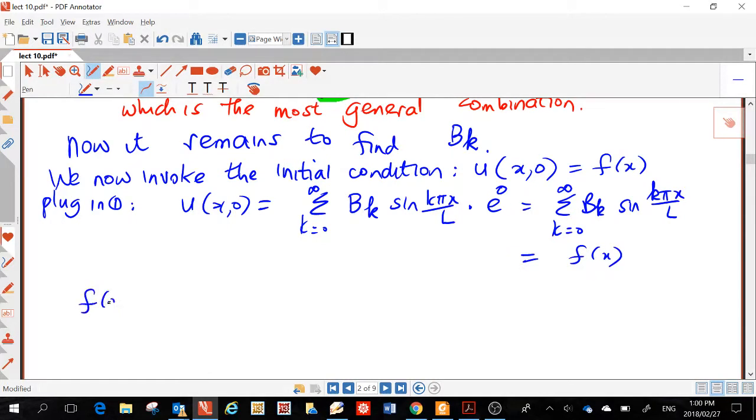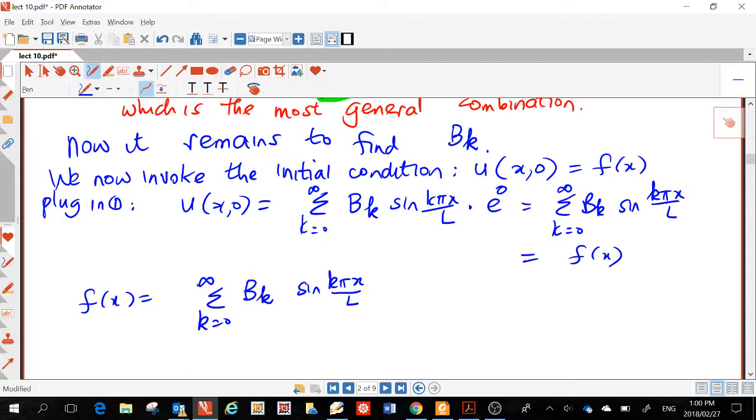So f of x is sigma bk sine k pi x over L, and k is 0 to infinity. Doesn't this resemble your Fourier series? That is the Fourier series. So all we need to do to find out bk is like the small bk we had before.